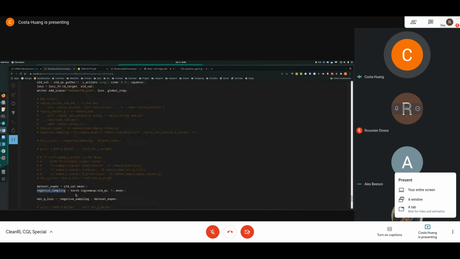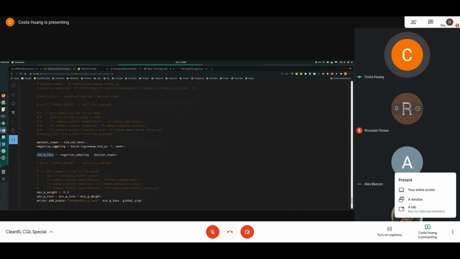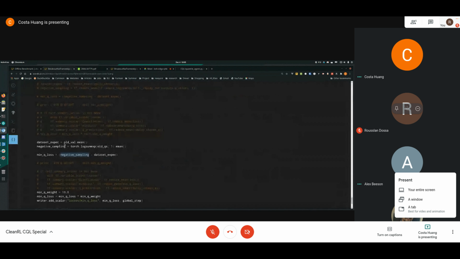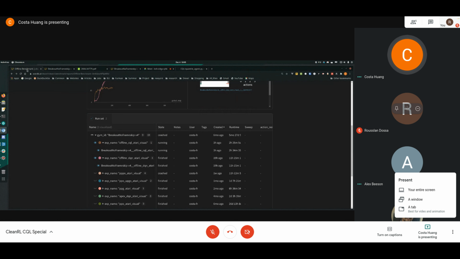Then they have this negative sampling, which is basically torch sum, calling the default function, getting the old Q values and summing them up. Lastly, we have the mean Q loss, which is just the sampling minus the dataset expectation, which corresponds to this part of the formula. And then this is added to the loss when I do the backward.